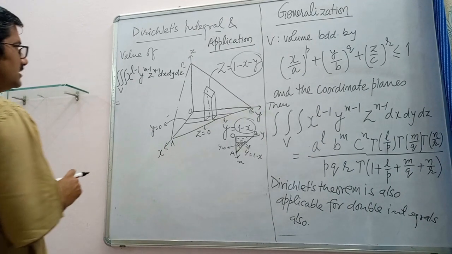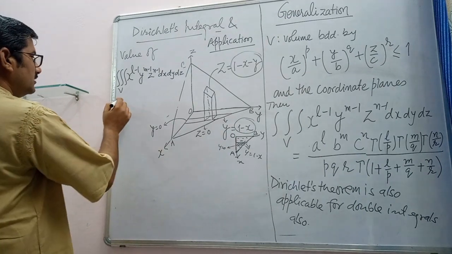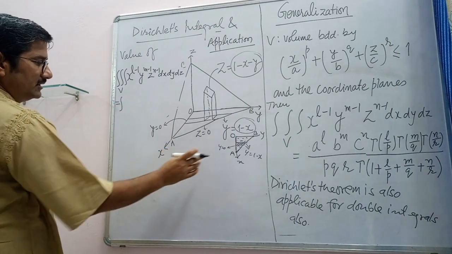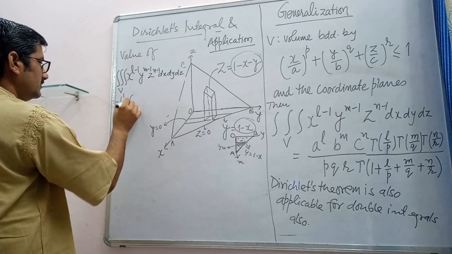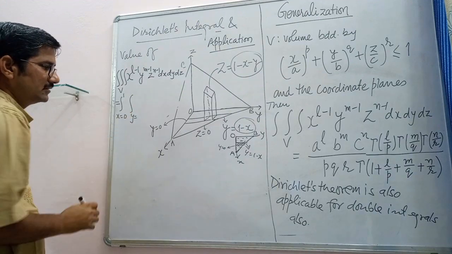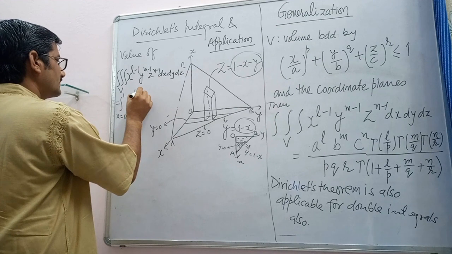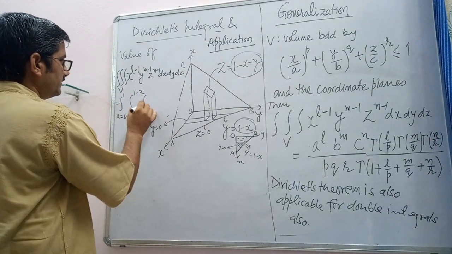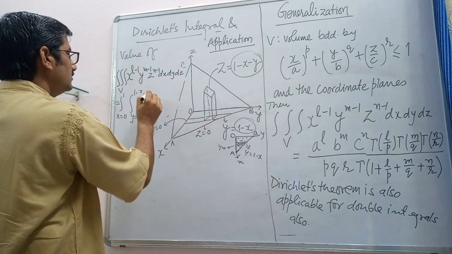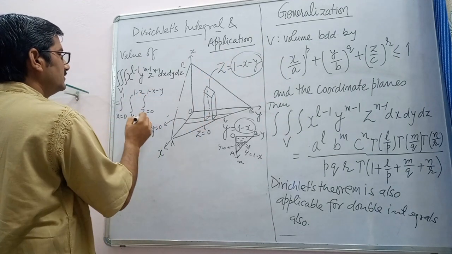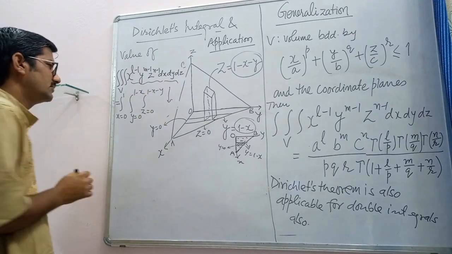So to continue our discussion and to give the proof of this Dirichlet integral, the limits of x will be from 0 to 1, limits of y will be from 0 to 1 minus x, and limits of z will be from 0 to 1 minus x minus y, putting these in this integral here.